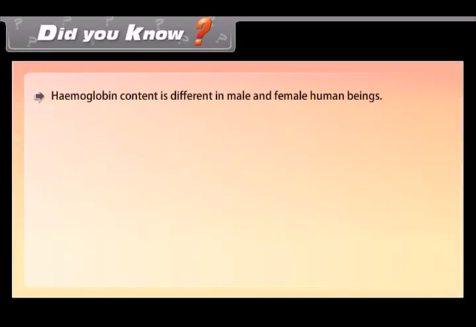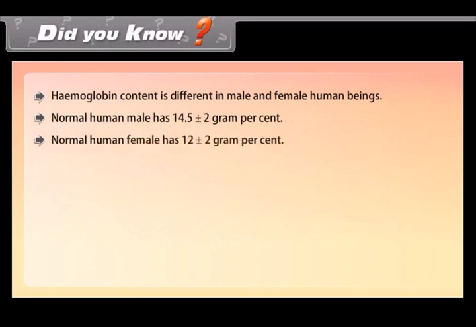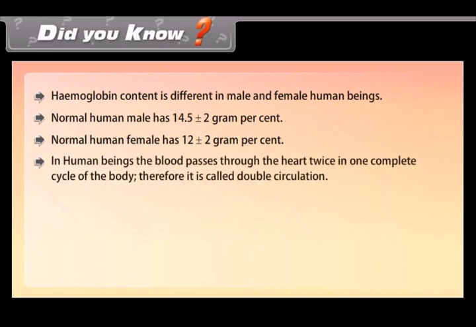Did you know? Hemoglobin content is different in male and female human beings. Normal human male has 14.5 plus or minus 2 gram%. Normal human female has 12 plus or minus 2 gram%. In human beings, the blood passes through the heart twice in one complete cycle of the body.